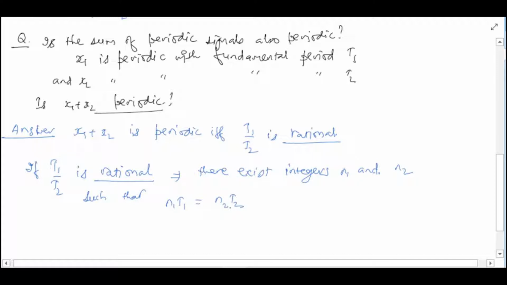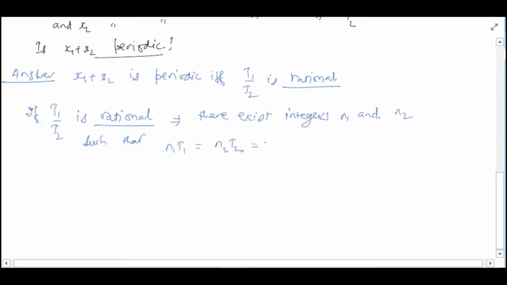In this case, say this is equal to T, then T is a period of x1 + x2.